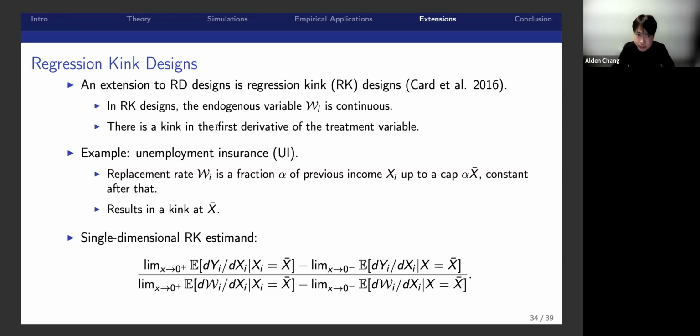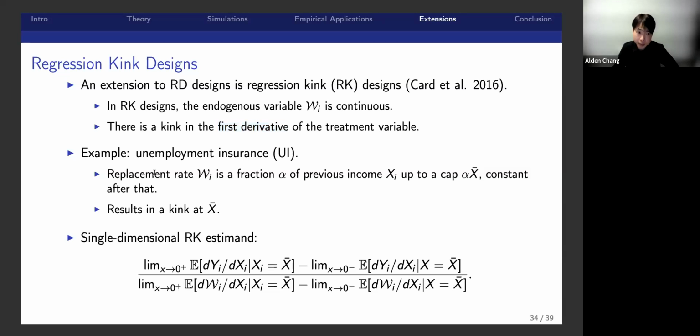So this sentence is actually not exactly accurate. It's not a kink in the first derivative, it's a kink in the CEF, and that will actually result in a discontinuity in the first derivative. So that's what we are exploiting here.